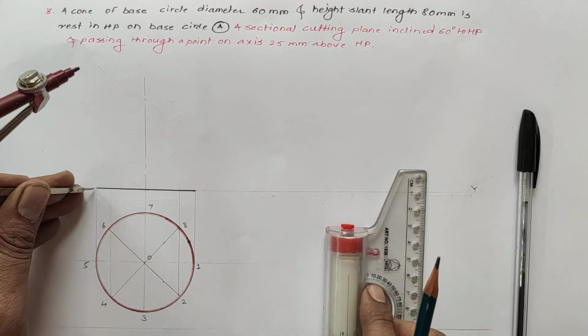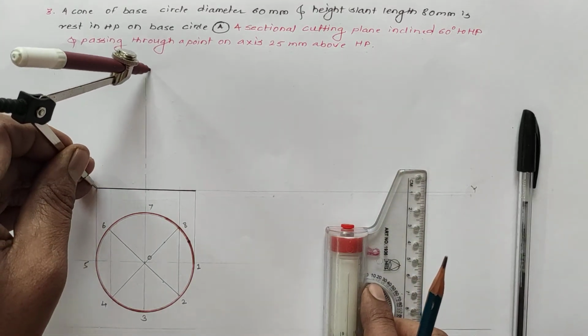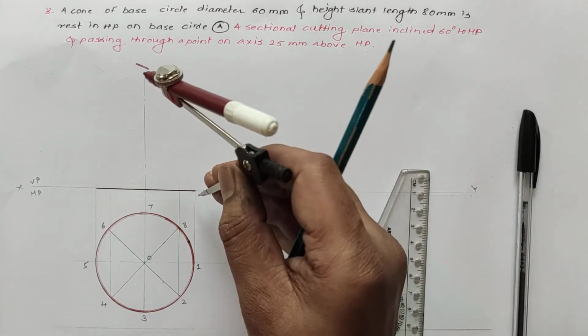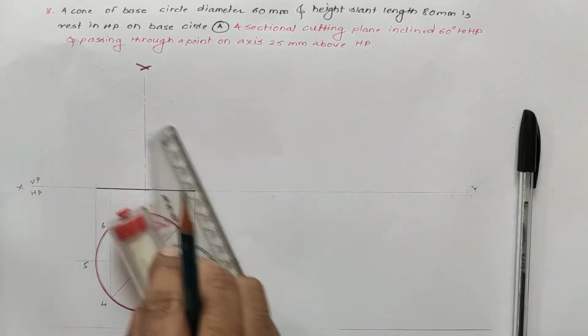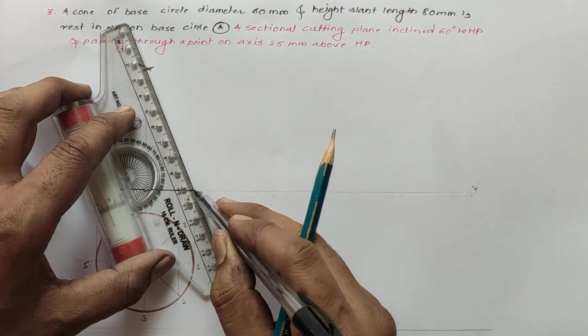Place the compass at one end and mark the arc. In a similar way, with the same distance from the other end, mark another arc and connect these end points.